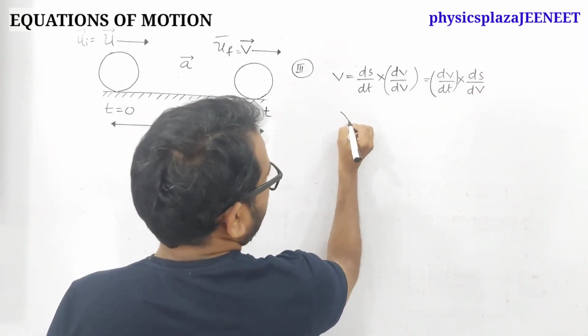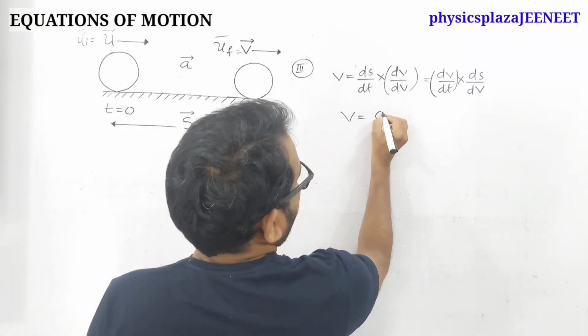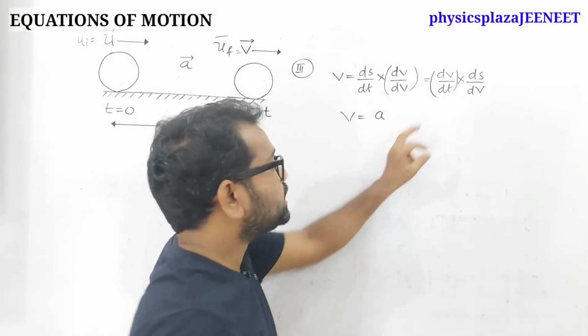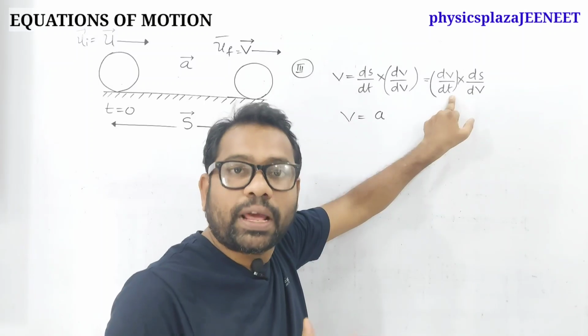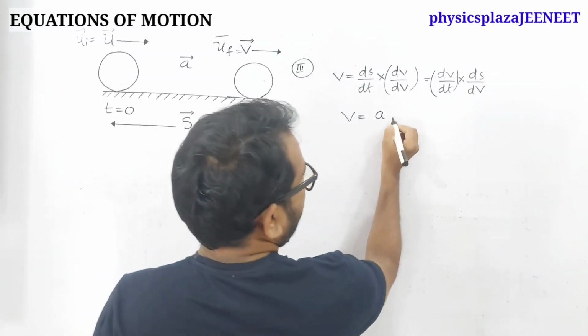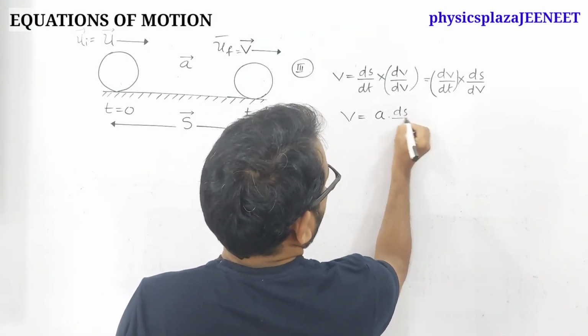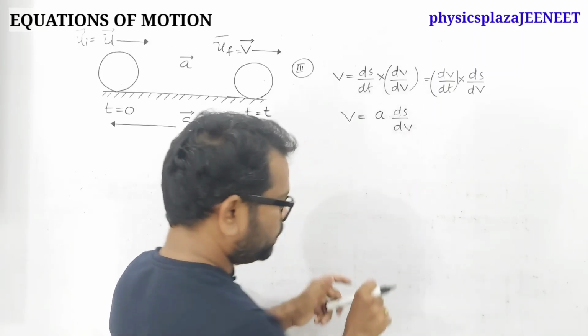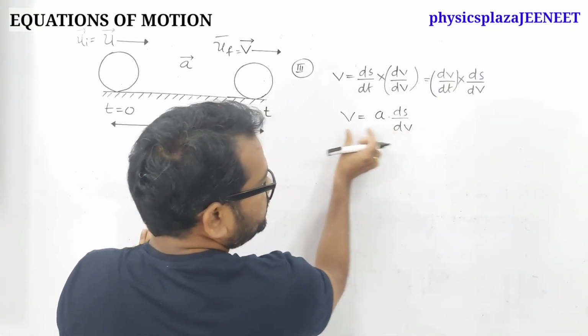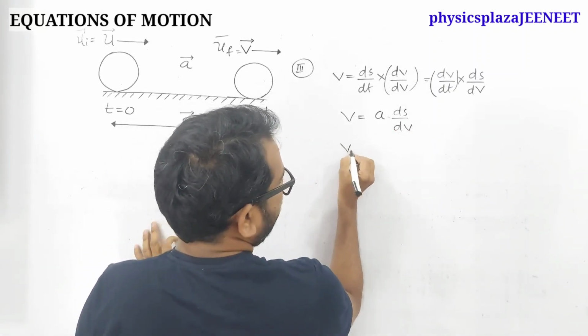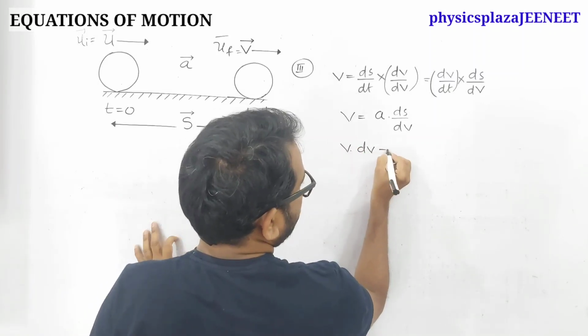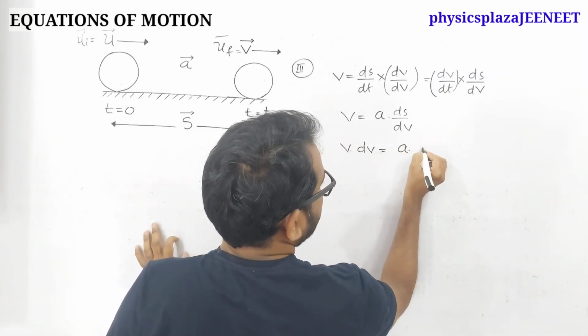Now look at it, children. So v is equal to, we got dv by dt, which is nothing but rate of change of velocity, called acceleration. Okay. So a into ds by dv. Now get this dv to this side, children. So it can be v into dv is equal to a into ds.